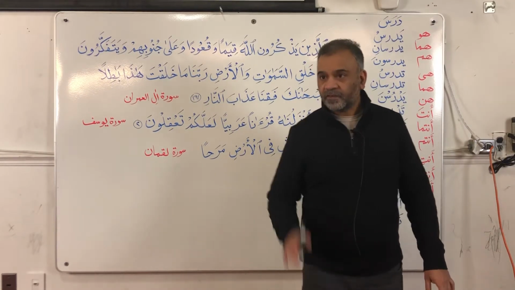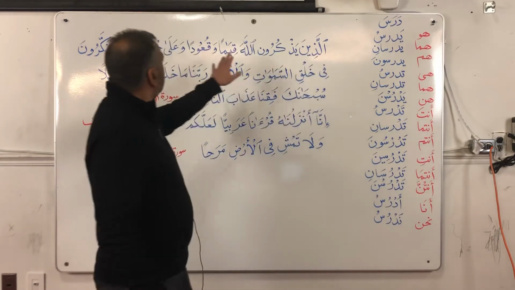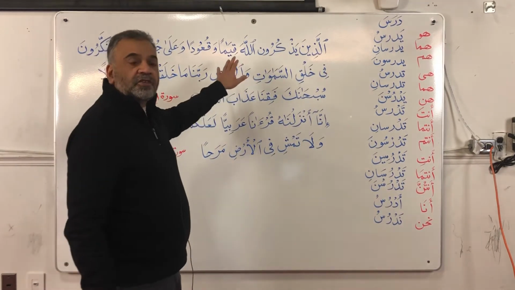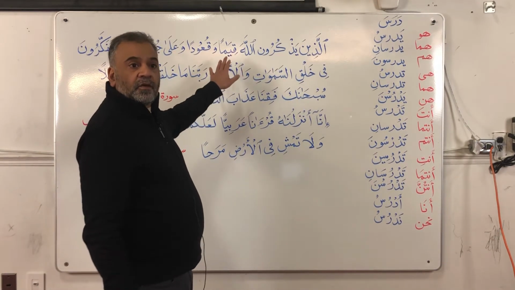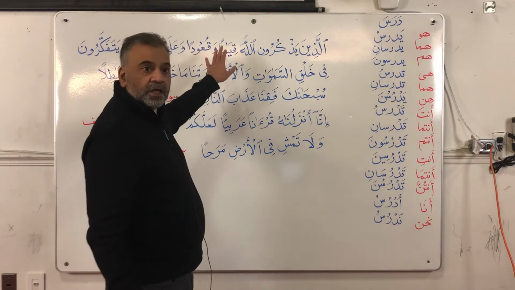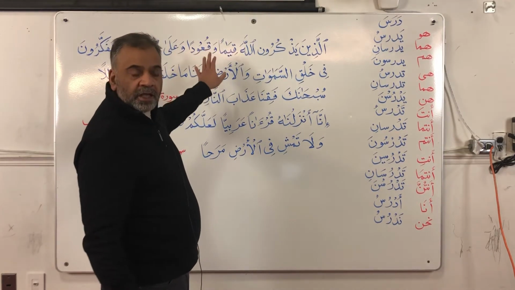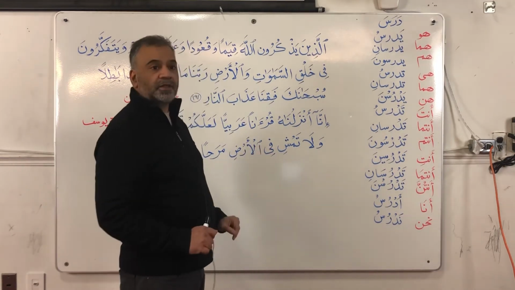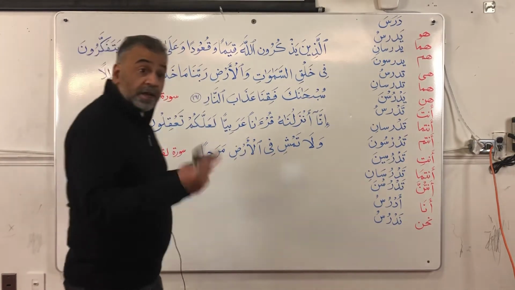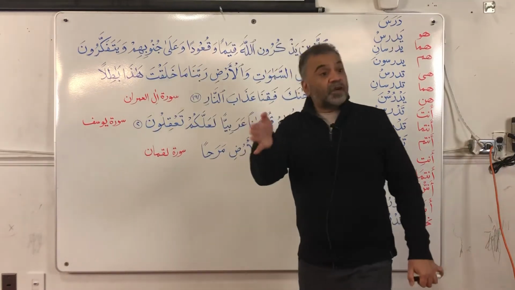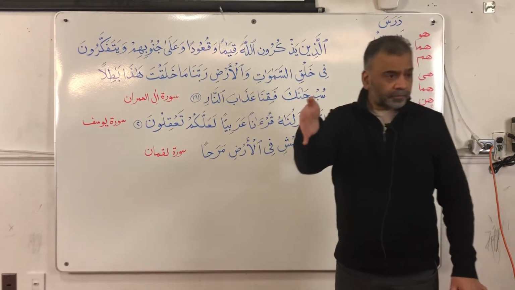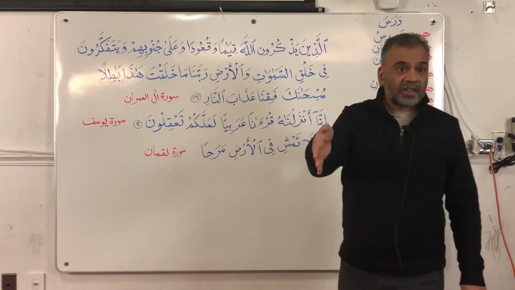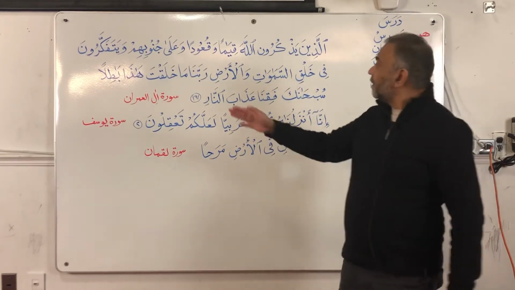For example, first they started mentioning Allah subhanahu wa ta'ala while they are standing and sitting, and when they are lying down on their sides, they are mentioning Allah subhanahu wa ta'ala, right? Then they start pondering upon, this is the second stage that they're entering in, right?